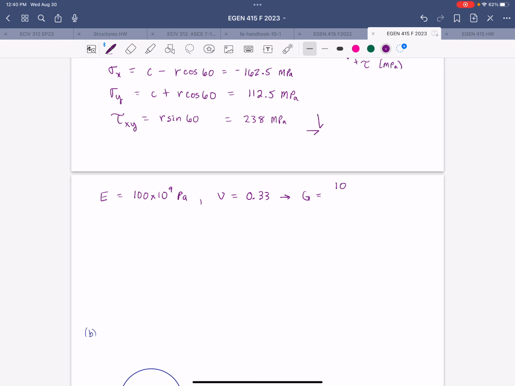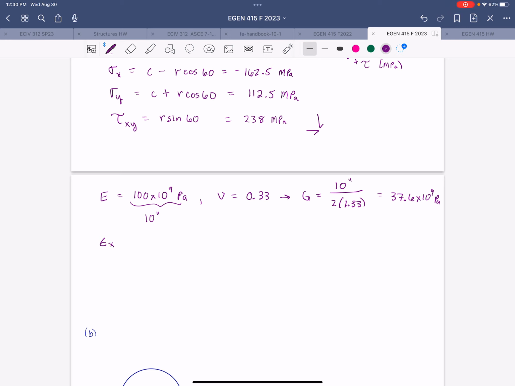I'm going to rewrite this as 10 to the 11th to simplify it. So 10 to the 11 over 2 times 1 plus 0.33 is 37.6 times 10 to the 9 pascals.